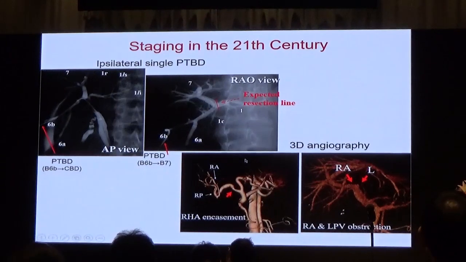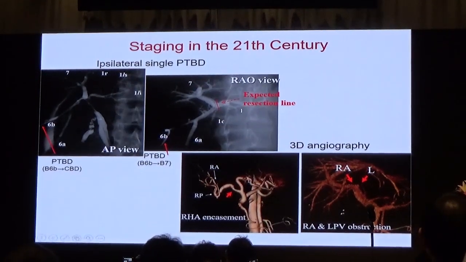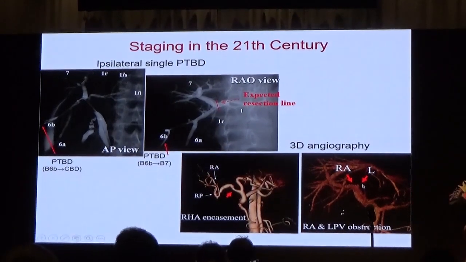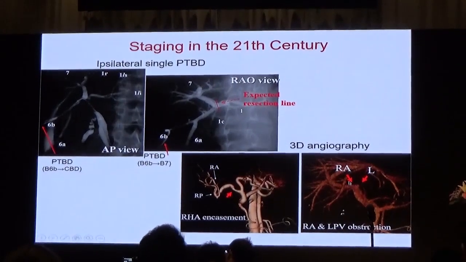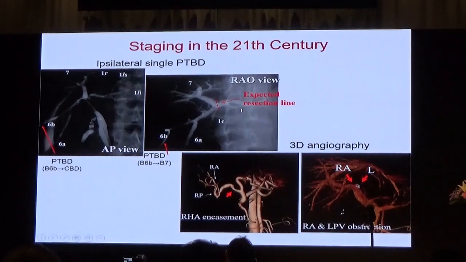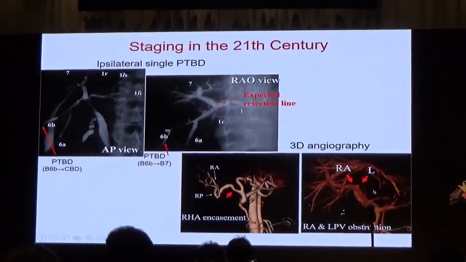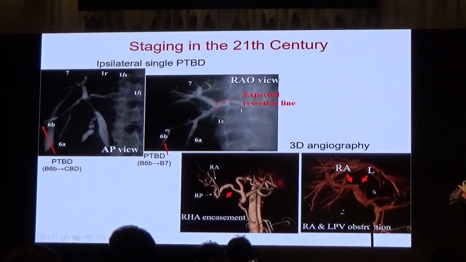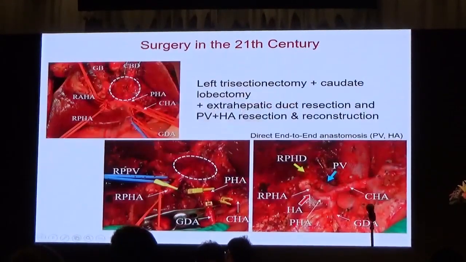3D angiography clearly demonstrates marked cancer invasion of the right hepatic artery. And left is okay. Looking at the portogram, the left and the right anterior portal veins are obstructed. From these findings, left hepatic trisectionectomy is indicated.